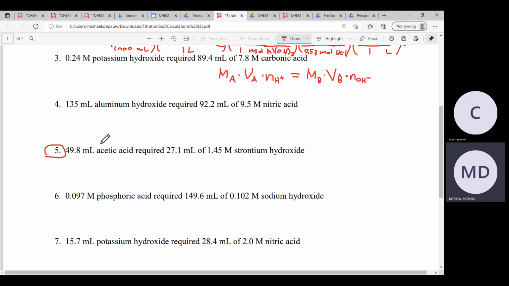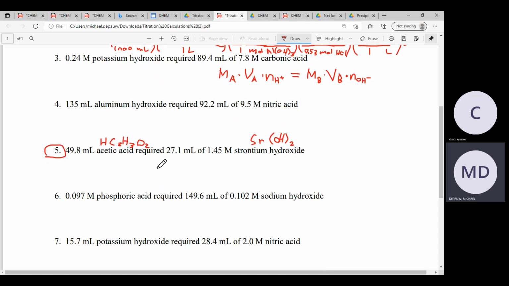Okay. Well, first acetic acid is HC2H3O2. And strontium hydroxide is Sr(OH)2, because strontium is a +2 charge. And that is a strong base. Okay.